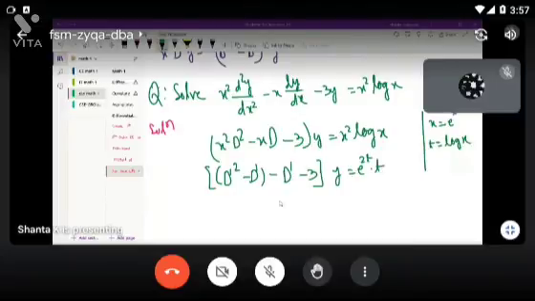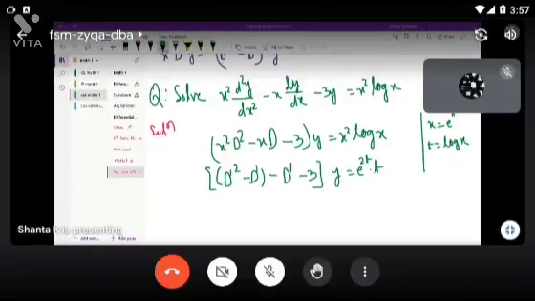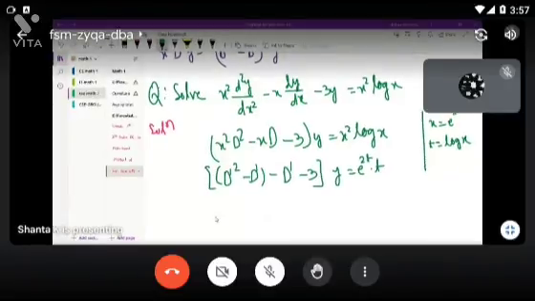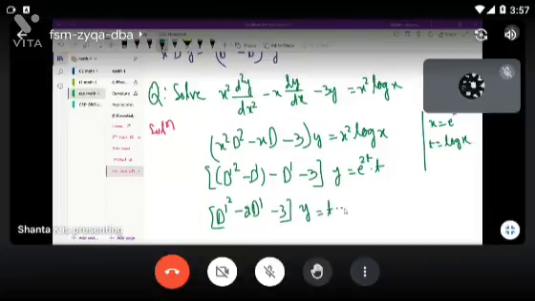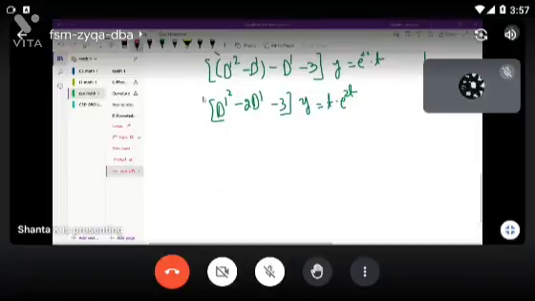So now this reduces to y and t form. So you can open this one. So we have D' squared minus 2D' minus 3 y equals t into e power 2t. So we will solve this equation. Okay, this is our equation which we are going to solve.